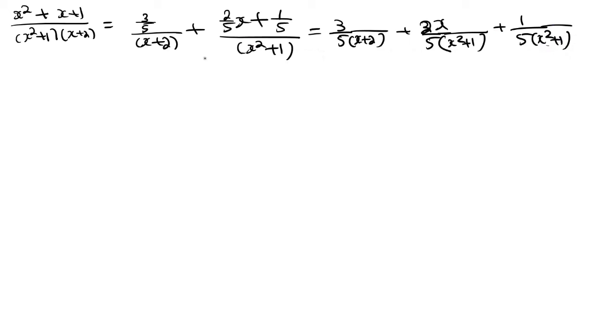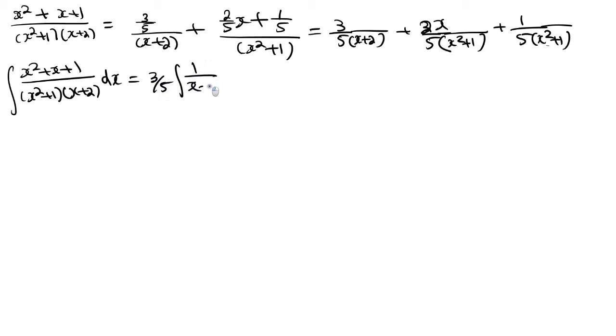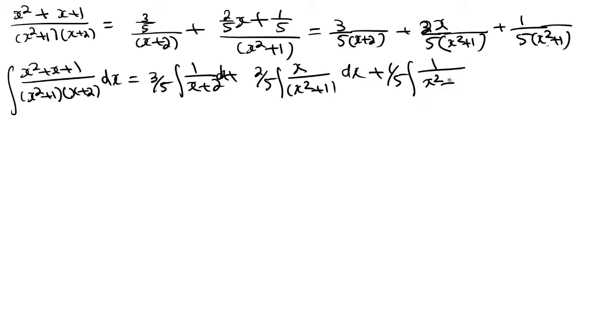So in the next step, take the integration of x square plus x plus 1 divided by x square plus 1 into x plus 2, into dx. It's equal to 3 by 5 into integration of 1 by x plus 2, plus here 2 by 5 into integration of x divided by x square plus 1 into dx. Here also dx is missing, and plus 1 divided by 5 into integration of 1 divided by x square plus 1 into dx.